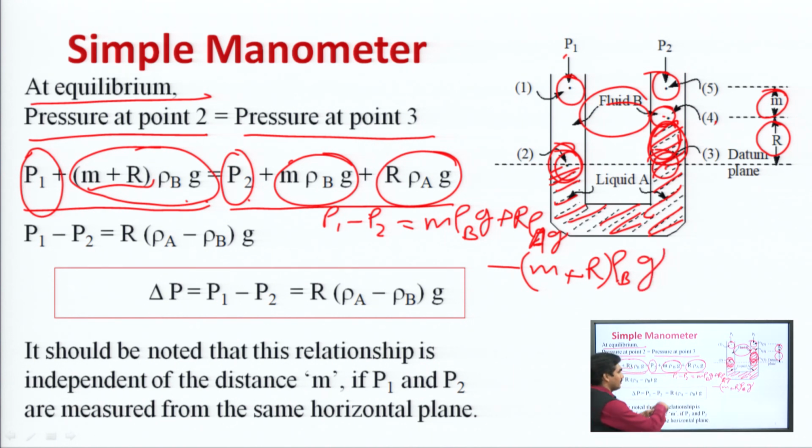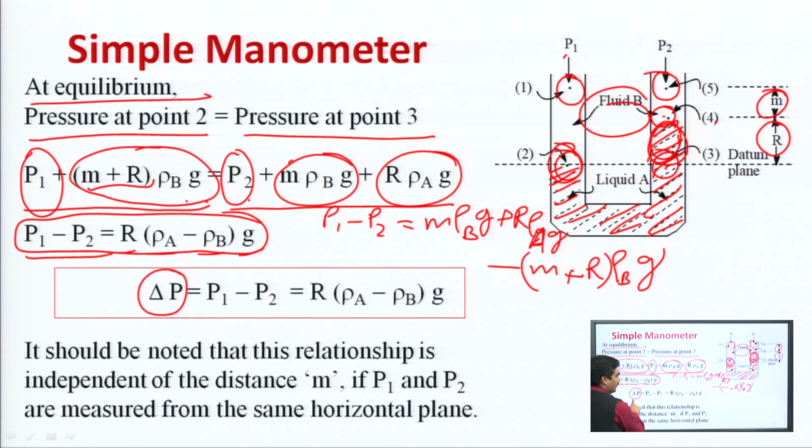Now, solving this equation we get P1 minus P2 equal to r (rho A minus rho B) g. This P1 minus P2 we can write as delta P, the change in pressure, equal to r (rho A minus rho B) g.